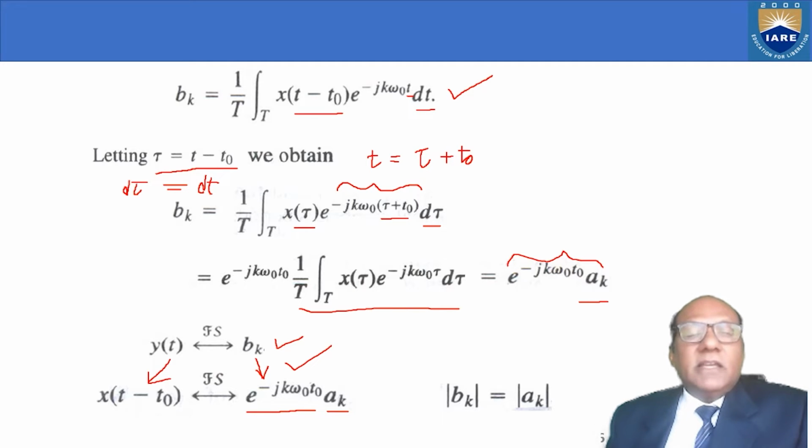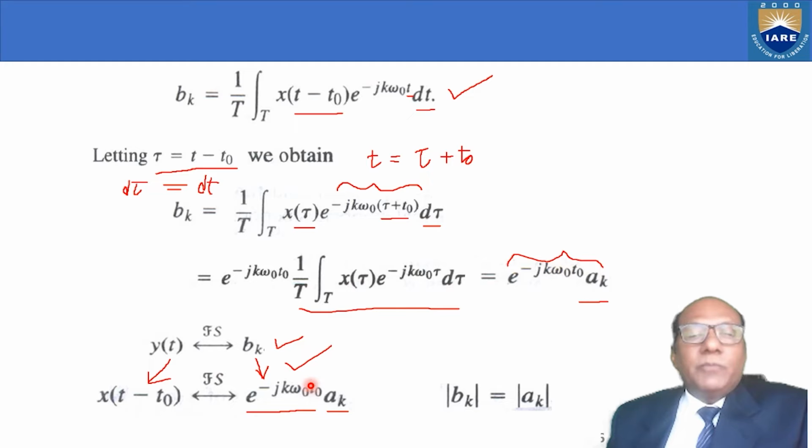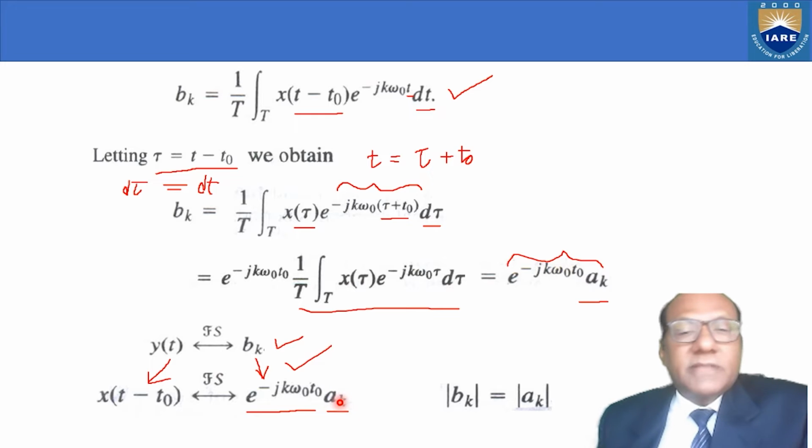These ak's are complex coefficients, because in the definition I have e to the power of minus j omega naught t, correct? That's why either ak's or bk's are complex numbers. So by multiplying a complex number with e to the power of j term, you are shifting its phase. The phase of a complex number is tan inverse of the imaginary part divided by the real part.